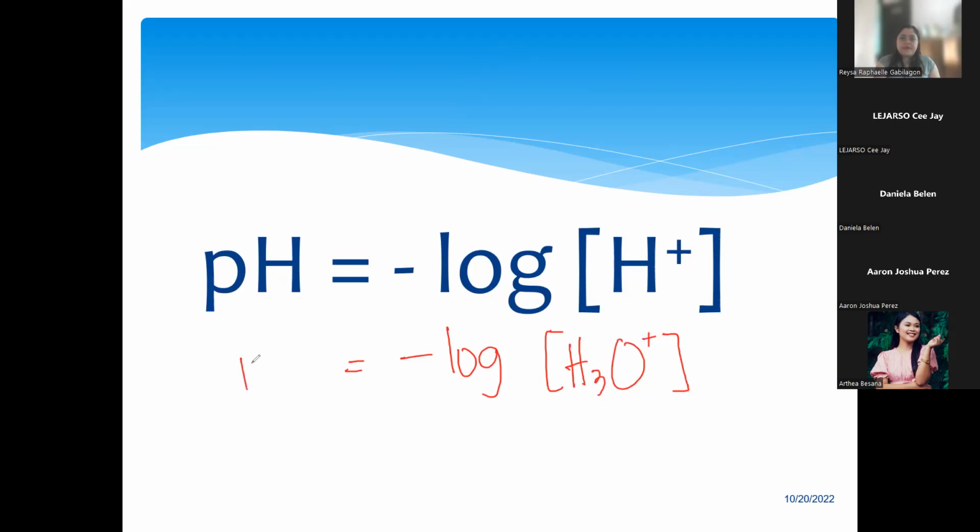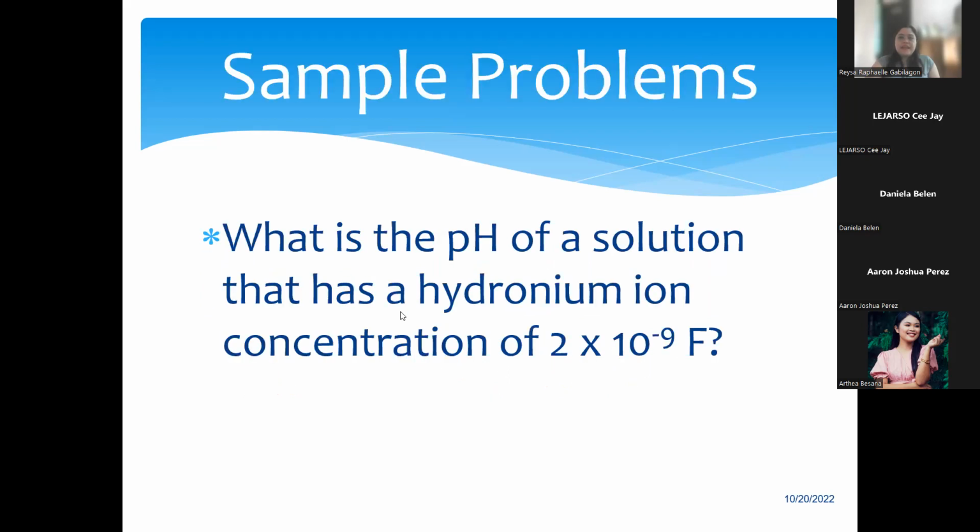Okay, so remember, this is the hydronium ion. Please copy that. Now, ito yung ating problem. We have here hydronium ion concentration of 2 × 10 raised to the power of -9 formal. Itong letter F dyan is the unit of concentration and we call that formal.